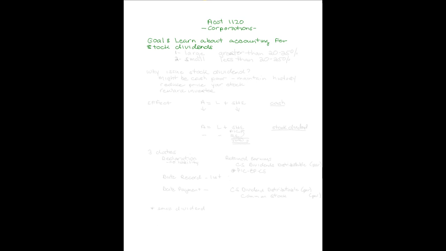My goal today is to discuss with you the accounting for stock dividends. And there are two types of stock dividends that we'll look at. First, large stock dividends. A large stock dividend is considered to be greater than 20 to 25% of the outstanding stock.